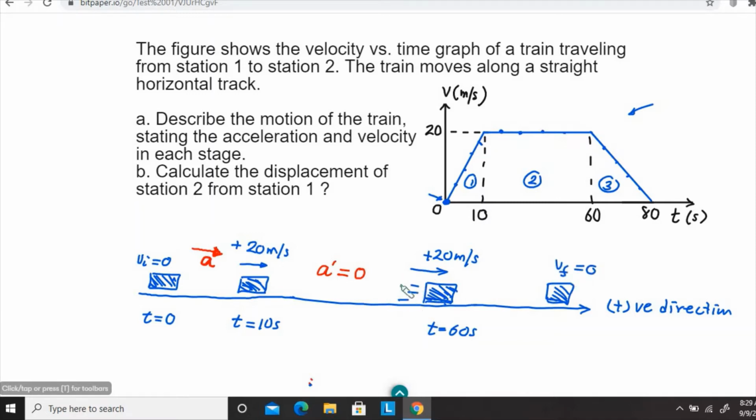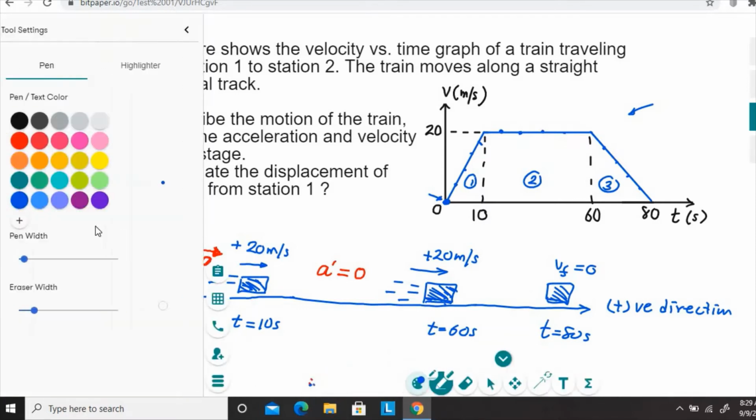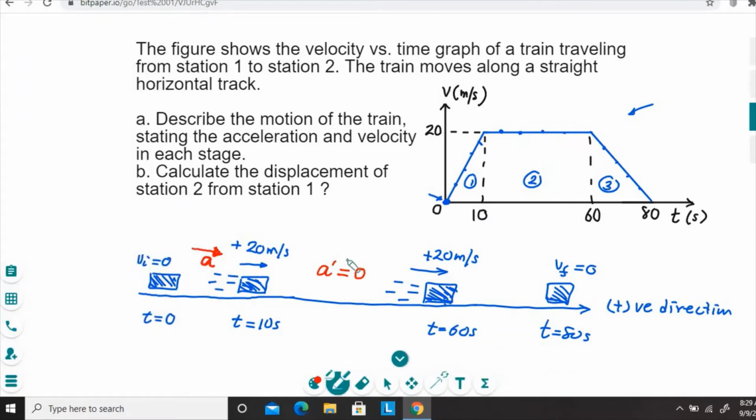Over here, the train is moving like that. So this is t equals 80-second mark. We want to find the acceleration, and let me call that A double prime, just to differentiate it from the rest.